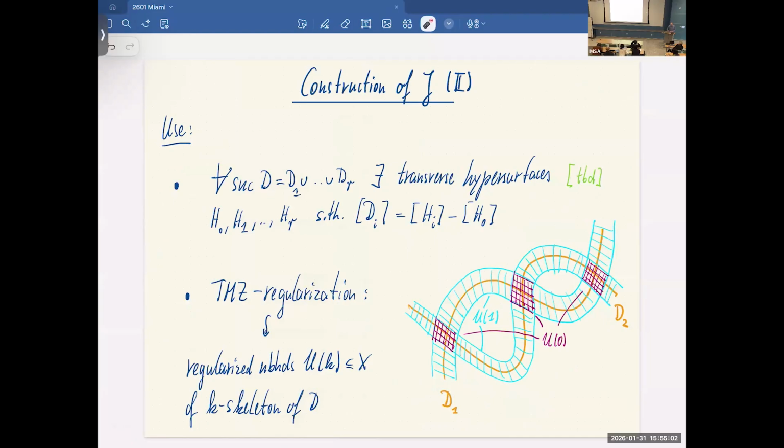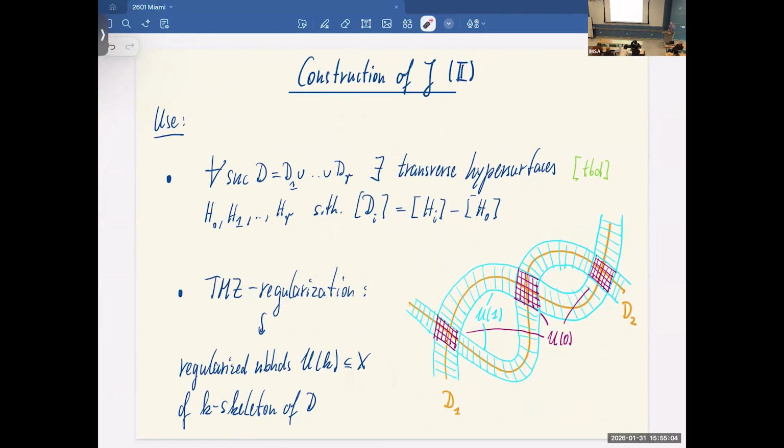So for the construction, the basic idea is the following. I have this SNC divisor. I take transverse hypersurfaces, H_0 to H_R, constructed by the methods of Donaldson and refined by Wu many years ago, in such a way that the homology class D_i is a difference of H_i minus H_0.